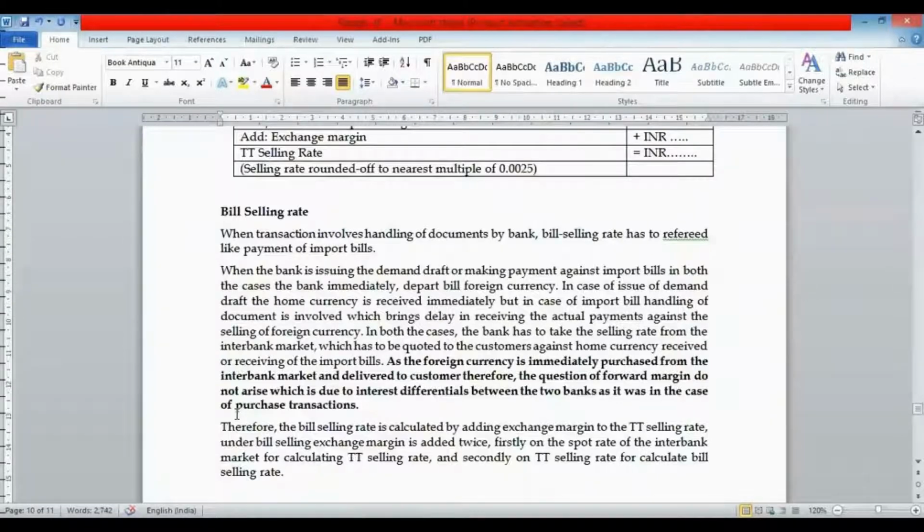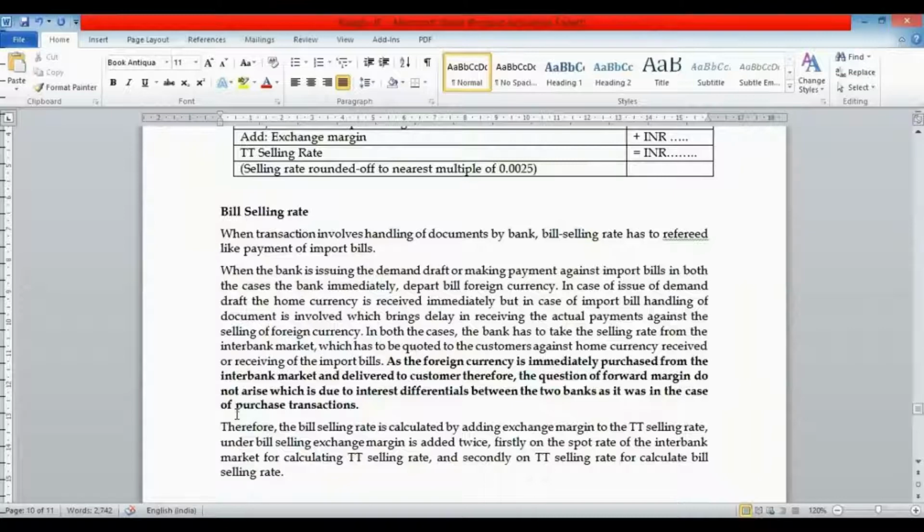So that was the concept that we discussed in the last few lectures. That was there in bill buying. And here, what is happening in bill selling? The bank is not holding any foreign currency. The customer approached the bank for buying foreign currency.